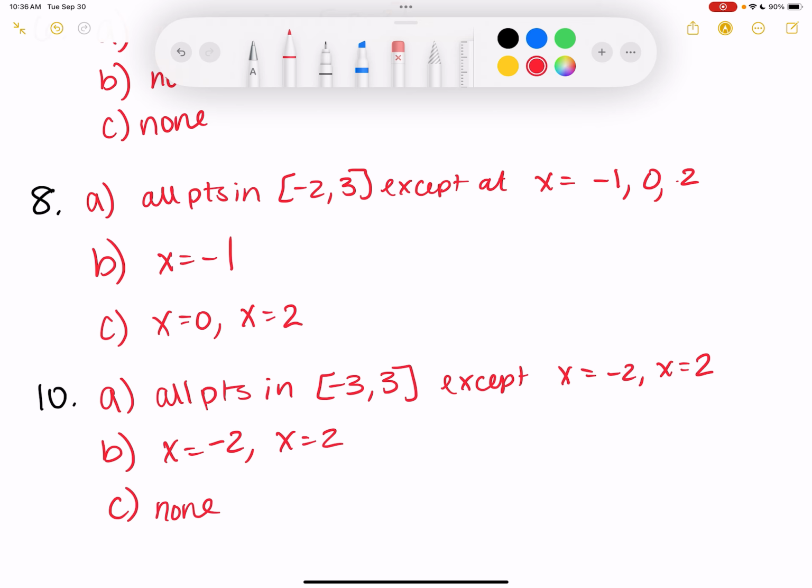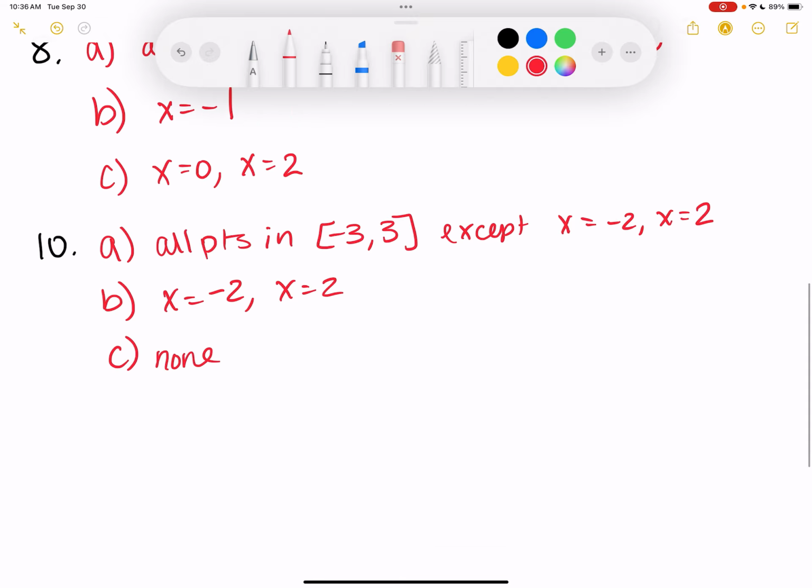So let me see, where did I stick my calculator? Okay, so we'll do 12, 14, and 16. So 12, we've got y equals x to the 4/5, and we want to see what this looks like.